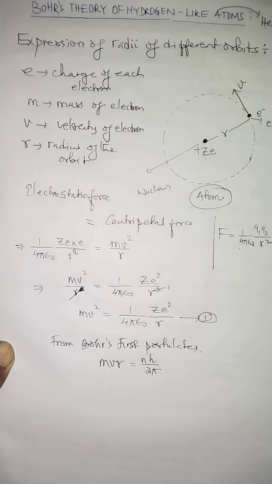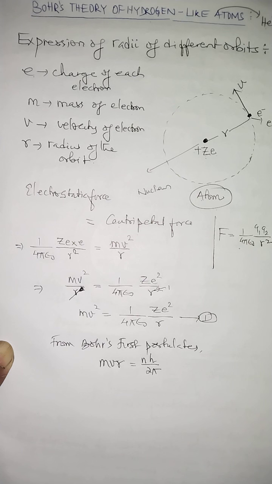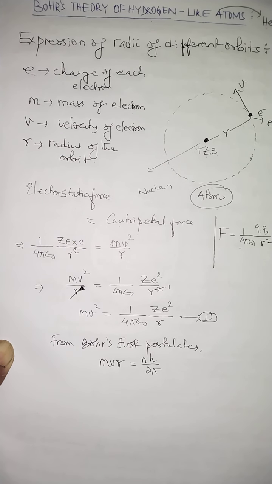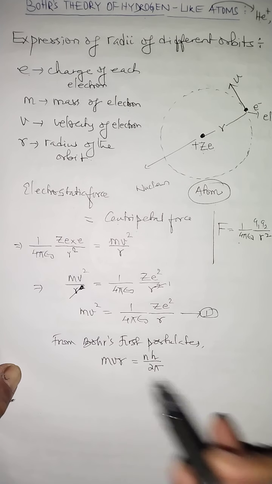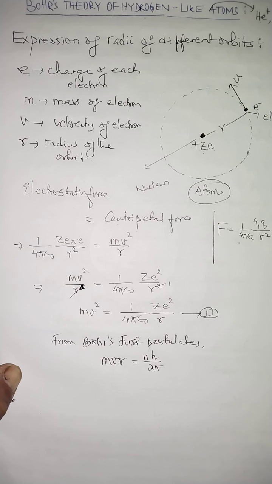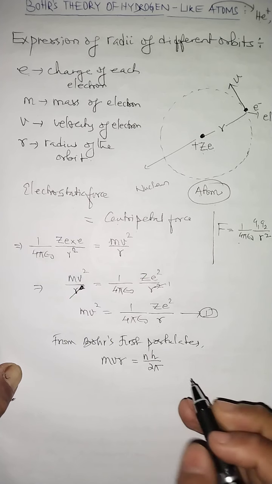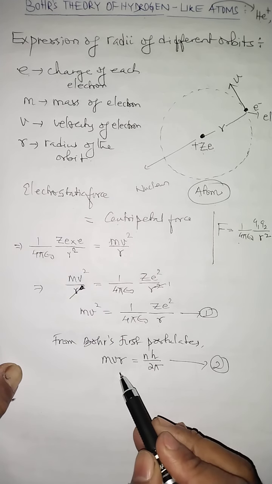Here n, as I said, is 1, 2, 3 and so on, and indicates the number of the orbit in which the electron revolves. So the radius of the orbit in which the electron revolves can be measured for any orbit. I give this as equation number 2, according to Bohr's first postulate.